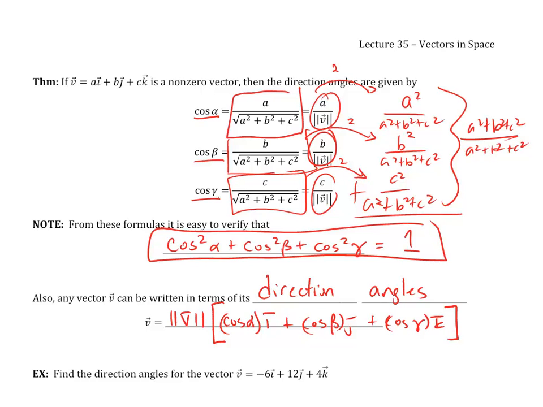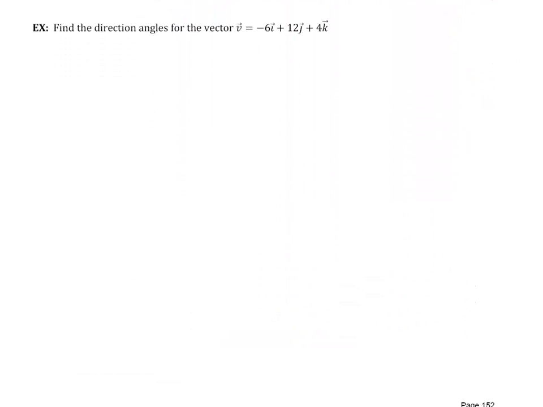So let's go in one direction, where I give you the component form and you find its direction angles. Cosine of alpha is going to be a over the magnitude of v. So let's come off to the side and find the magnitude of v first, since we'll use it all the way through.